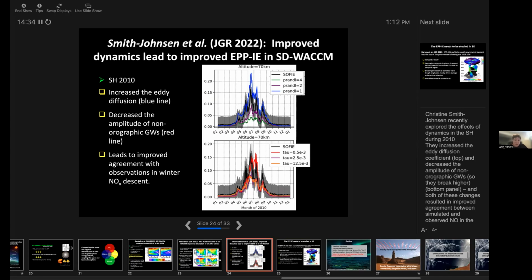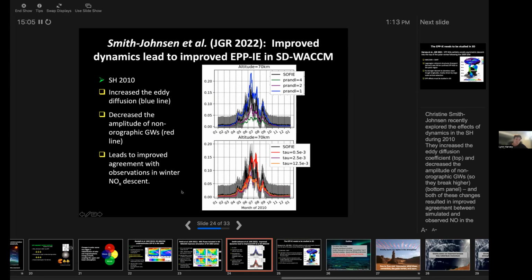Here we've got the SOFIE observations of NO in black during the year of 2010 at 70 kilometers, and the range of variability is shown in the black. The default Prandtl number in the model is the purple, and decreasing the Prandtl number to 1, which results in more mixing, gives you a better agreement with the SOFIE observations.